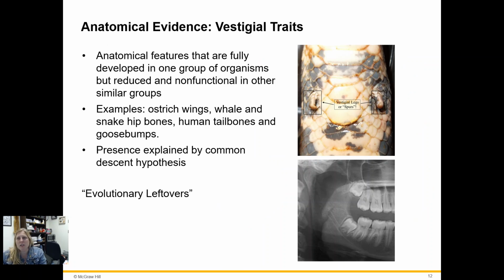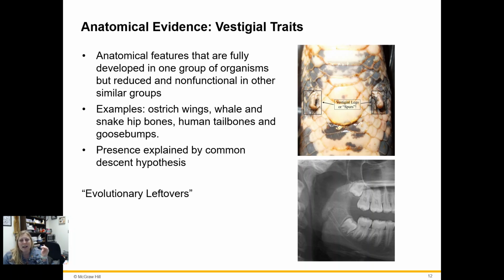The first of which being your vestigial traits. Vestigial traits are evolutionary leftovers. They're things that are no longer needed. They are fully developed in one group that is related, but they are reduced or non-functional in similar groups. So this is going to be explained by a common descent or a common ancestor.